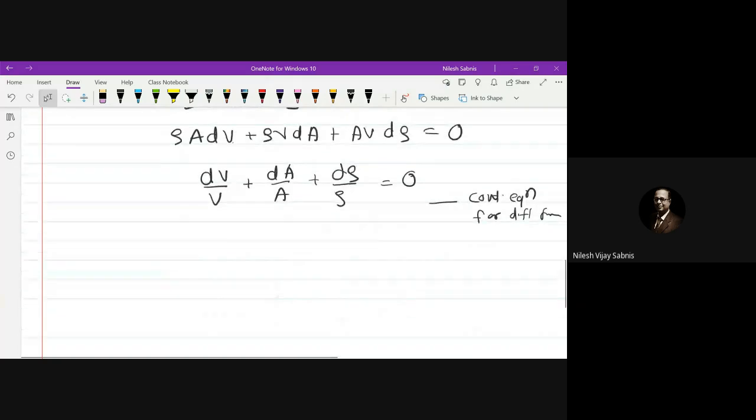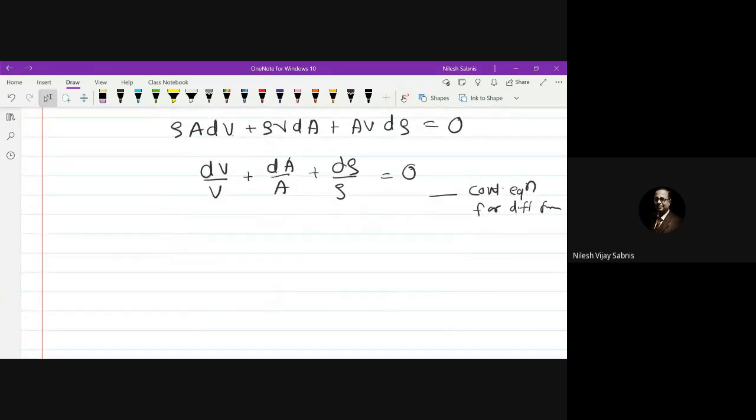Simple. Then second comes Bernoulli's equation. We have derived Bernoulli's equation in the previous unit, and the same procedure is followed.